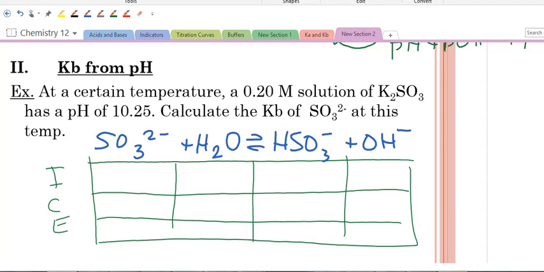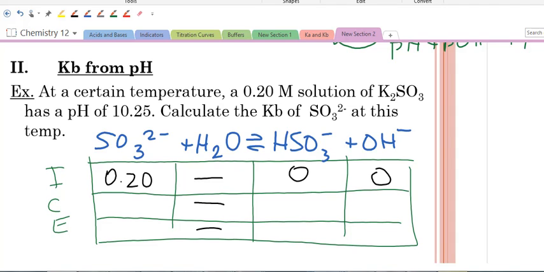And we know that we start off with an initial concentration of 0.20 molar sulfates and 0 for HSO3 and 0 for OH-, and all our waters are constants.